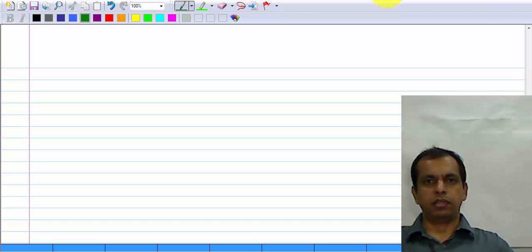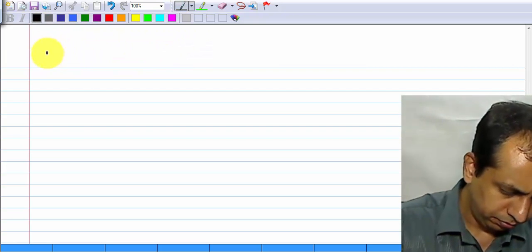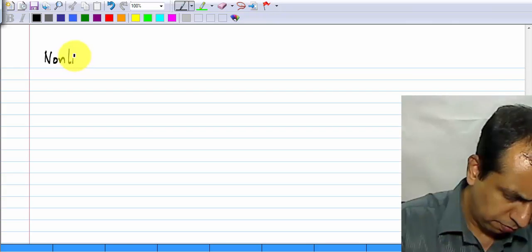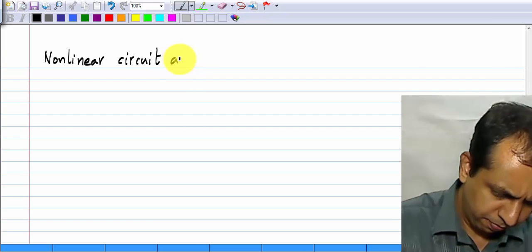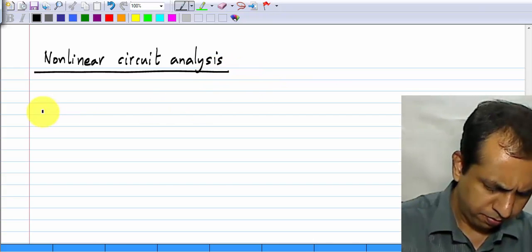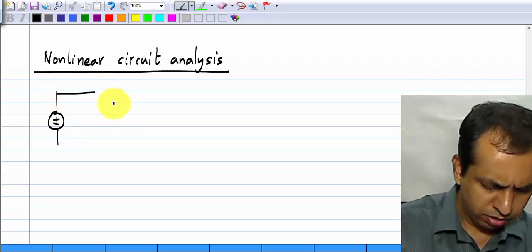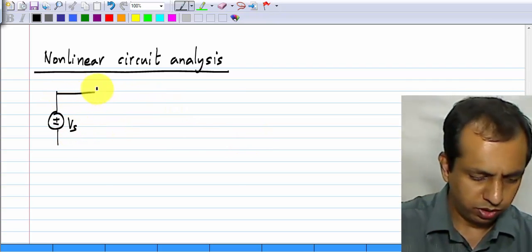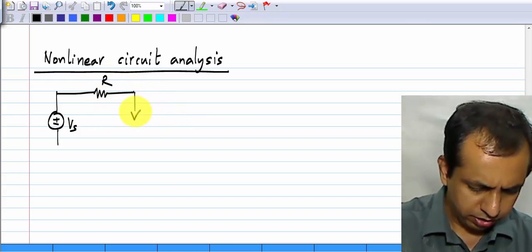Now let us consider a nonlinear circuit, a circuit with a two terminal nonlinear element such as a diode, and see how to analyze it. And let me take this circuit with a voltage source, a resistor R and a diode.